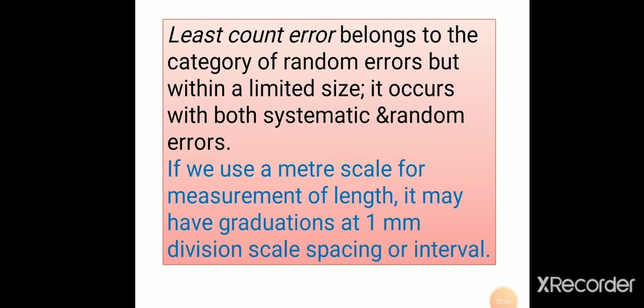And least count error belongs to the category of random errors, but within a limited size. That is, it can occur both with systematic and random errors. That is, if you are using a meter scale for the measurement of length, it may have graduations at 1 millimeter division scale spacing or interval.